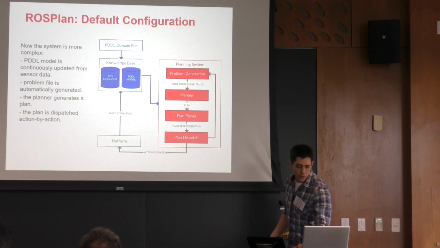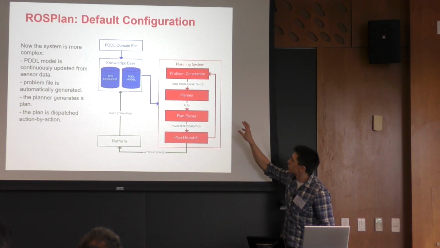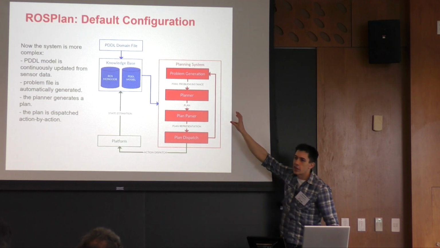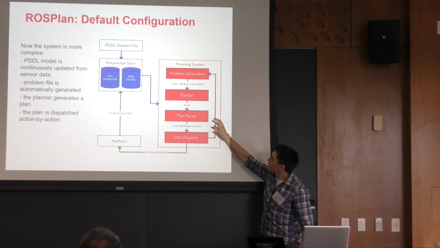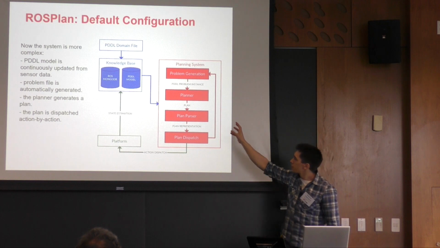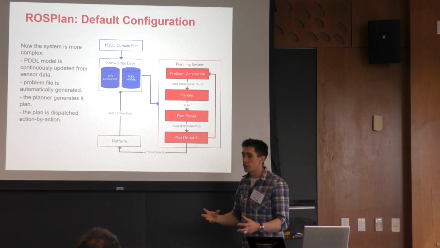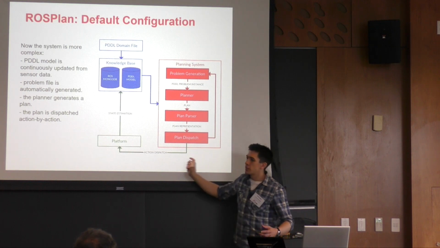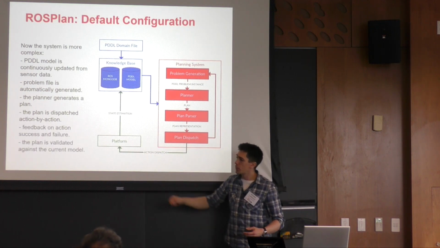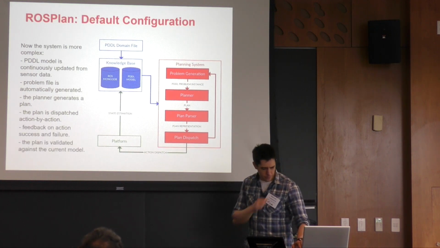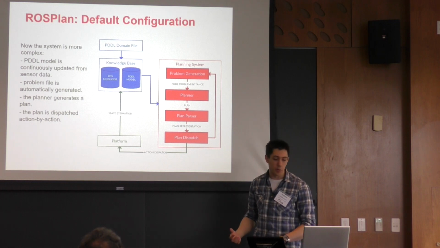So now we have this system which automatically generates the problem file, passes this to the planner, passes it into ROS messages, and then begins sending them one by one to the platform, waiting for success or failure to be reported.